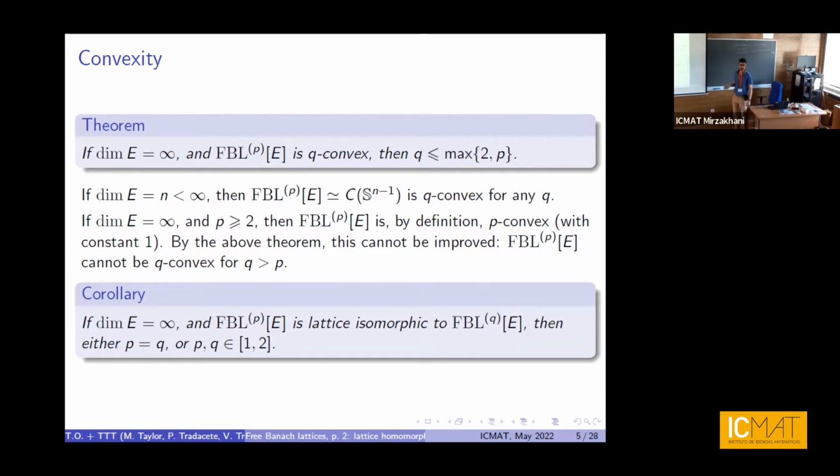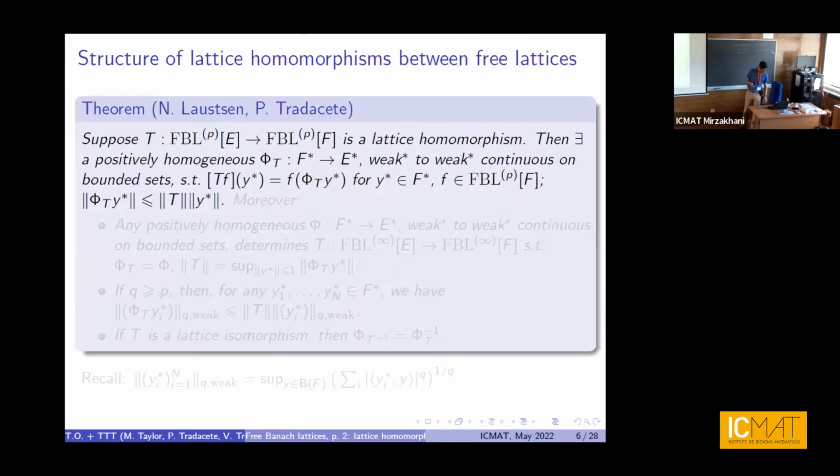So P and Q being between 1 and 2 is the only situation when we can have a non-trivial lattice isomorphism between those two free Banach lattices. So this is what happens if we try to change the quote-unquote freeness exponent here. What about changing?